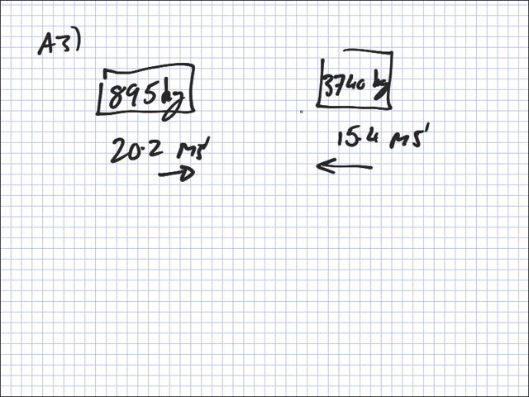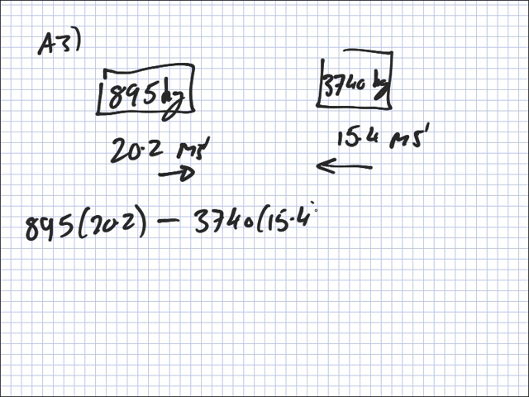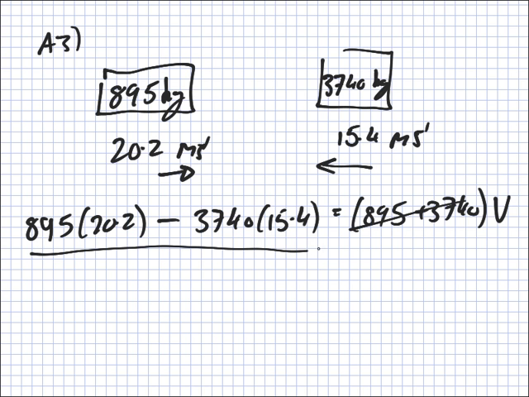What's the velocity after the collision? So that's M1 U1 plus M2 U2, and then they've combined together after the collision. So their total mass is 895 plus 3740, times V. So that over that, please.